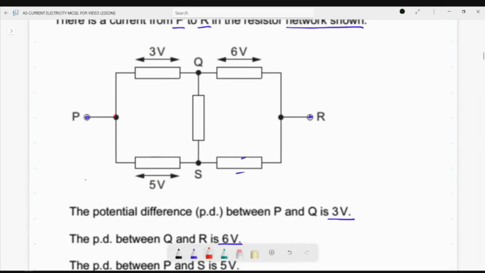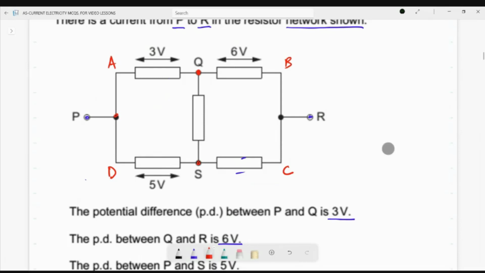If I have to consider a closed loop, let's say this is point A, this is point B, this is point C, this is point D, because in between there are two nodes, so these are mentioned. So actually here I have three loops.